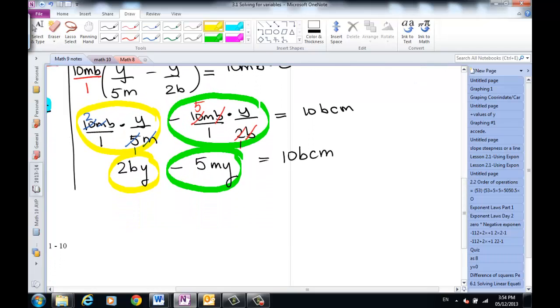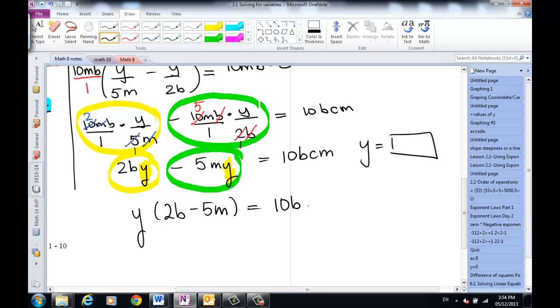Now, again, my whole goal is to solve for y, so I need y to equal something. So notice that the common factor is y. So if I factor out y, then I get y times 2b minus 5m is equal to 10bcm.